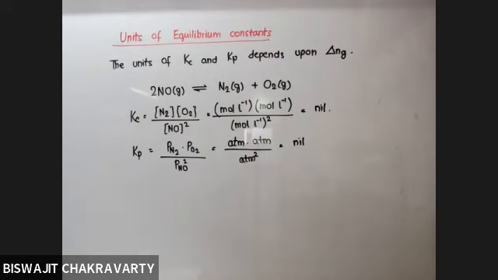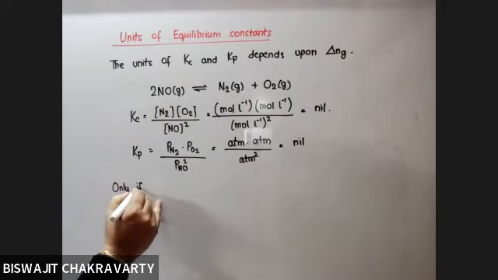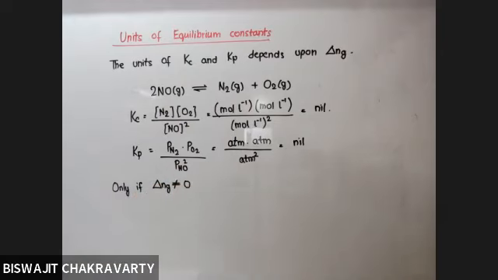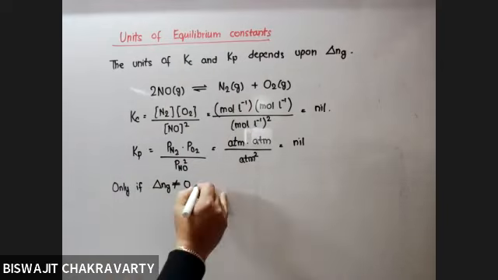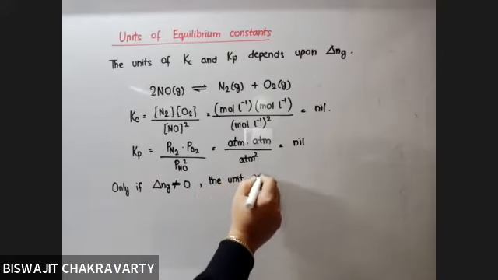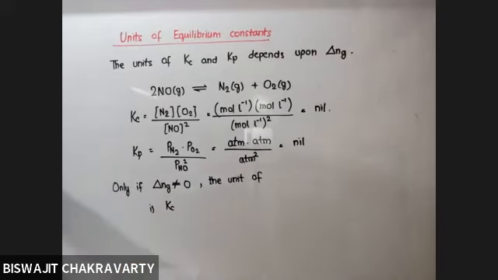But if delta Ng is not equal to 0, that is, there is a change in the number of moles, then there will be a unit. What will be the unit of Kc?